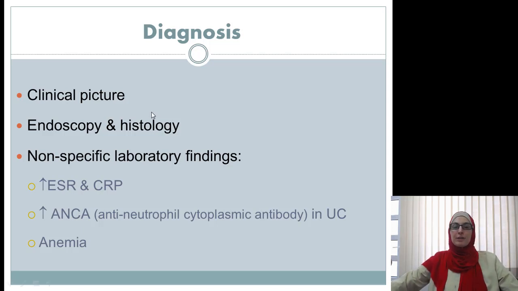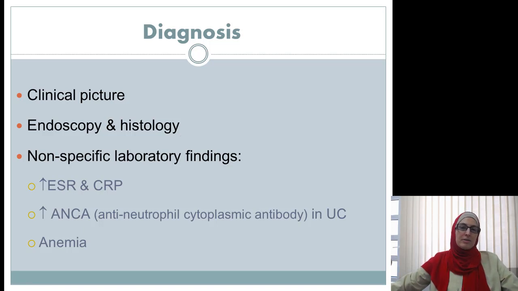Having the peculiar clinical picture should warn you or should make you alert about the possibility of inflammatory bowel disease, and you should refer the patient to the GI specialist, and the GI specialist would confirm the diagnosis using endoscopy and taking a biopsy to check for these changes that we discussed earlier.